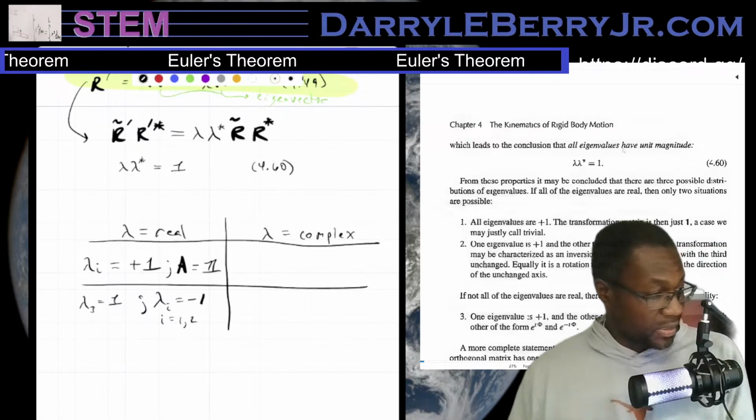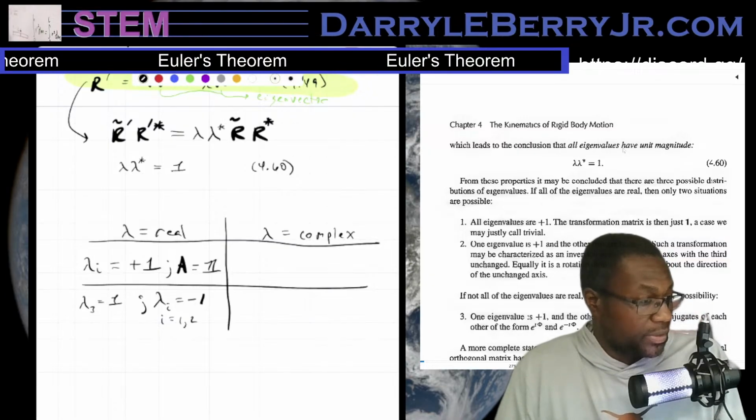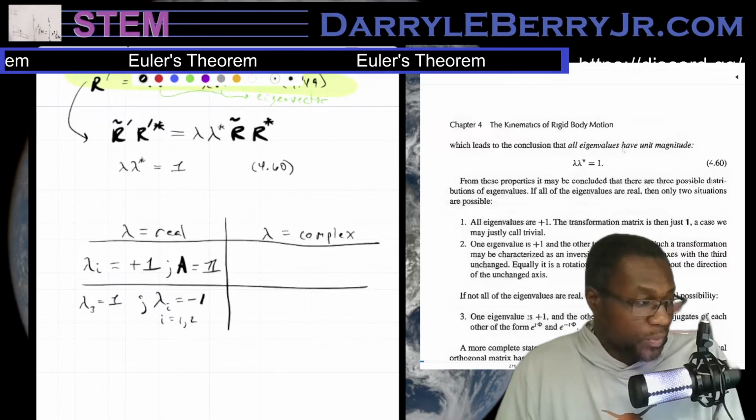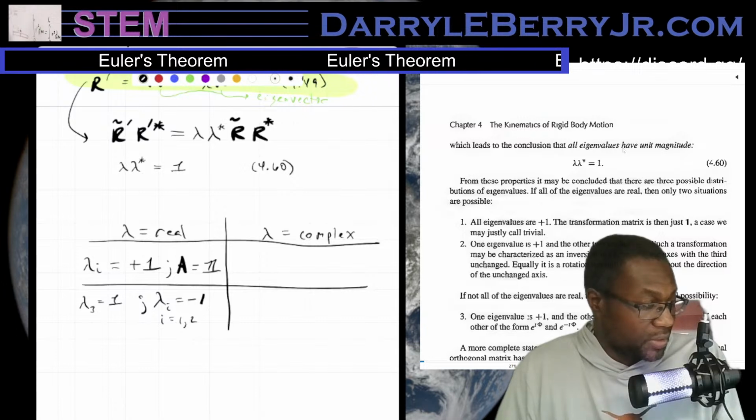Such a transformation may be characterized as an inversion in two coordinate axes, which I did the other day, with the third unchanged. Equally, it is a rotation through the angle pi about the direction of the unchanged axis.